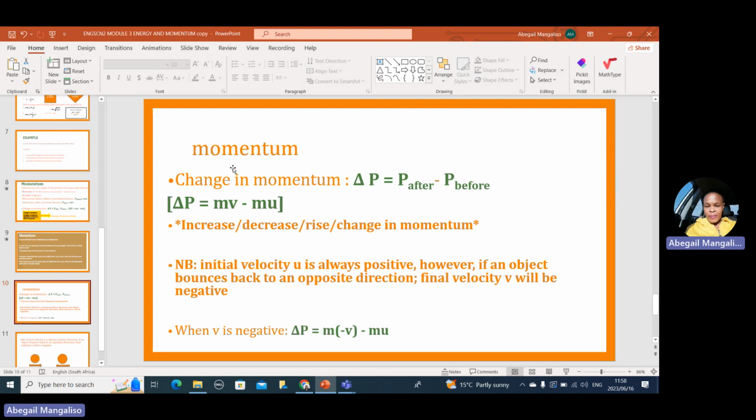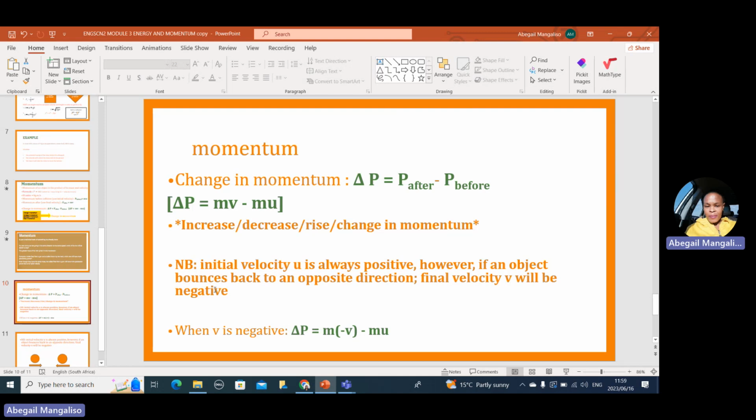Okay, I've already covered this part: momentum, the symbol used, increase, decrease, rise, or change in momentum. NB, the initial velocity is always positive. However, if an object bounces back in the opposite direction, the final velocity v will be negative.